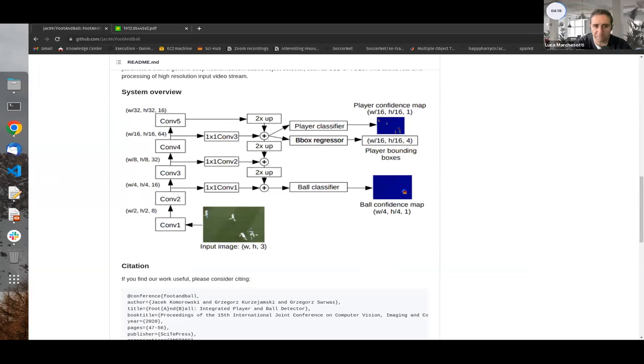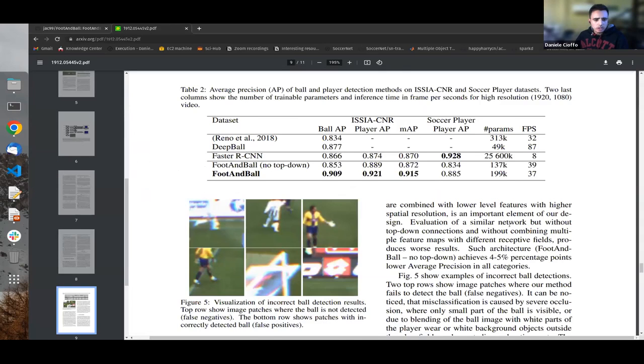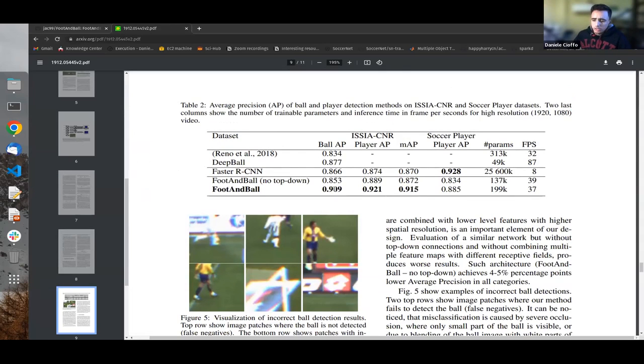And in terms of performance, are we paying a price or not? Okay, the performance, as we can see, is very good. You can also see the difference between the standard approach, where they put no top-down, and the top-down approach that uses the feature pyramid network.